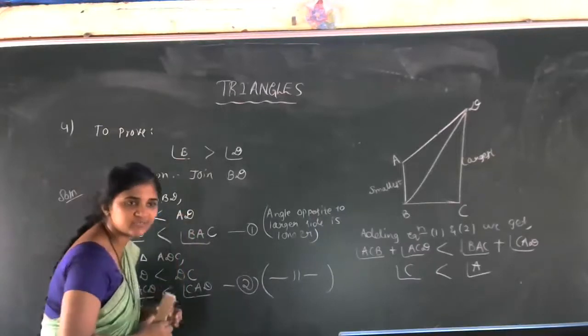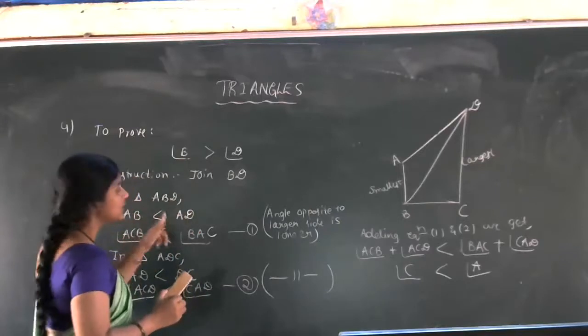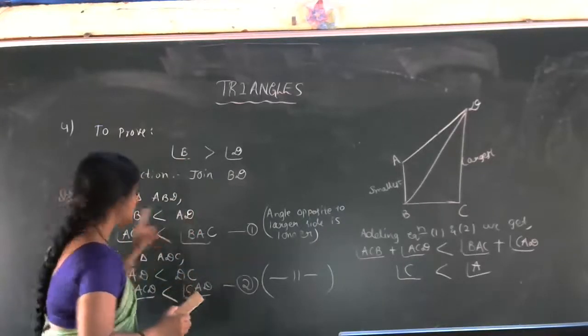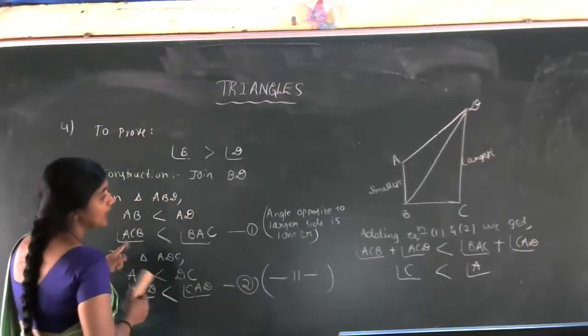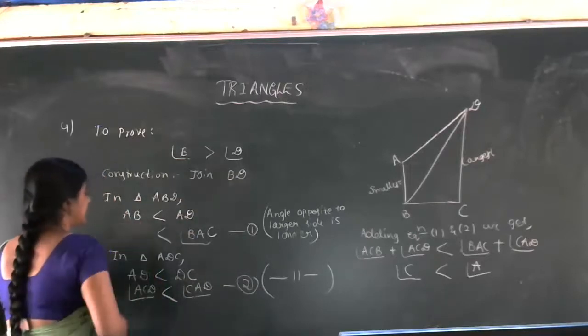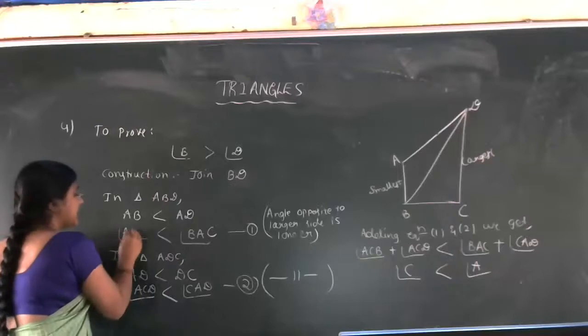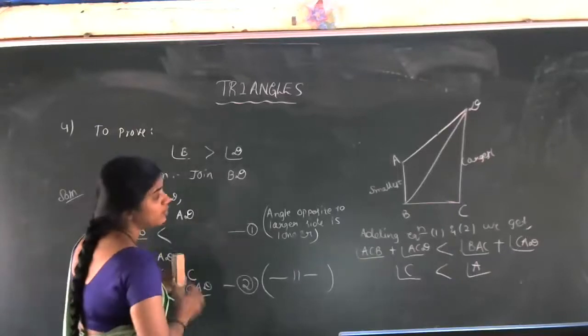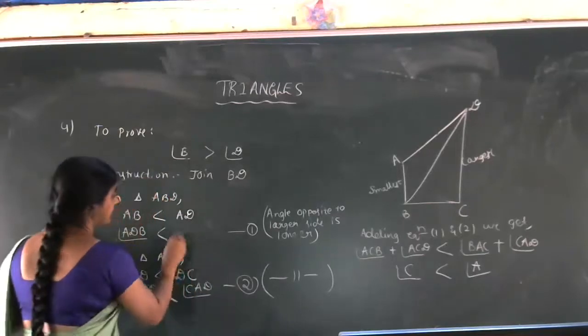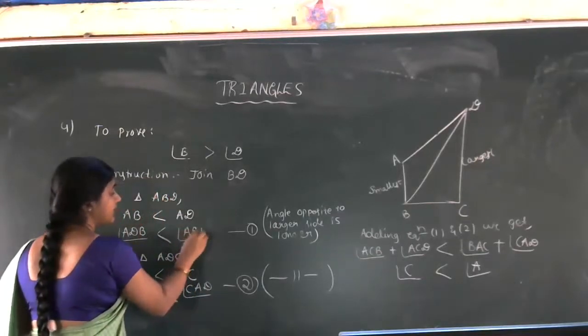Got the idea of this one? Okay, AB is smaller than AD. Now for AB, which is the opposite angle? Angle ADB is the opposite angle. Angle ADB is less than, for the AD side, angle ABD.